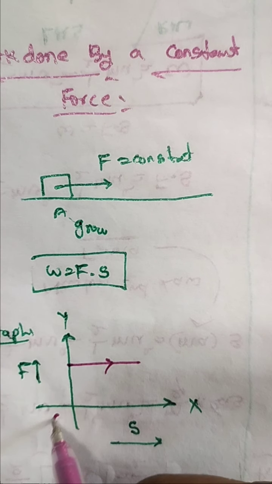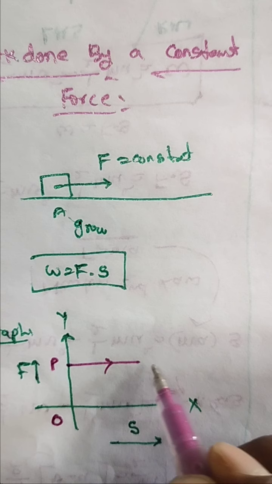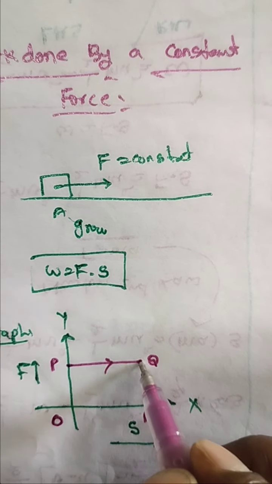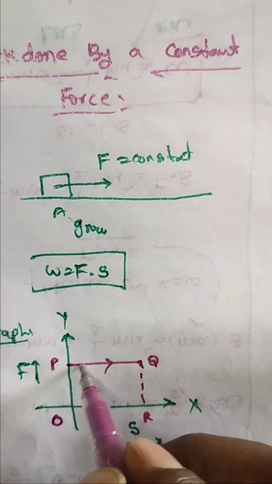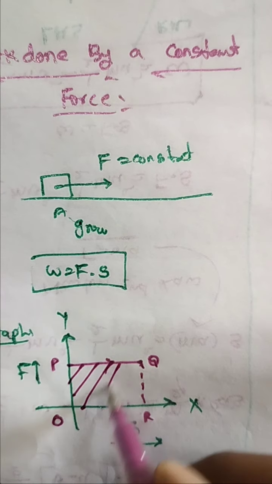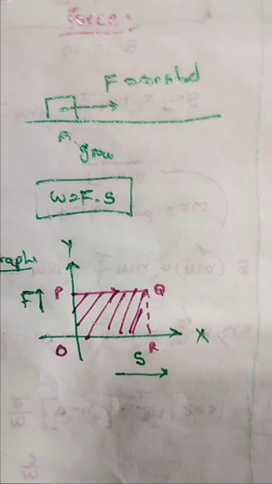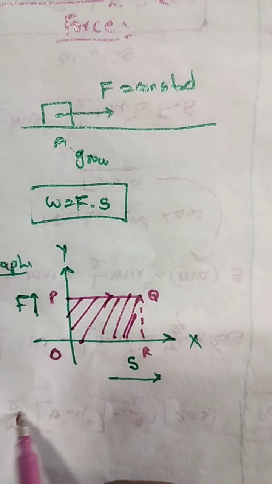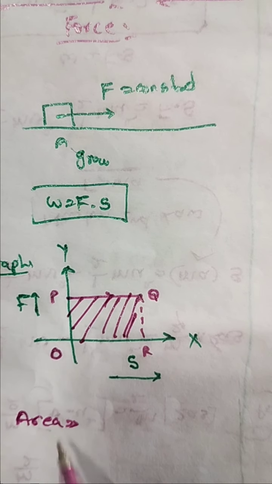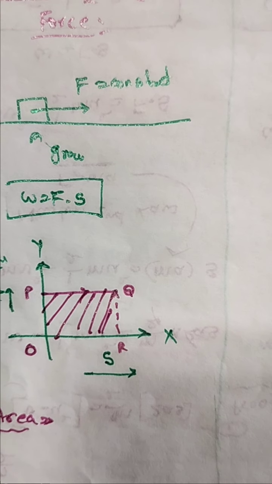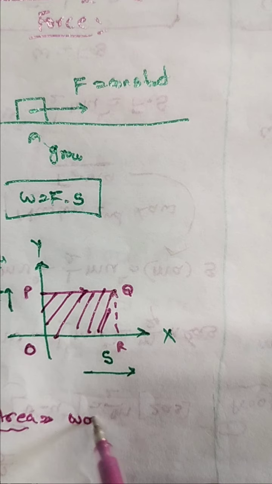I am taking this point as O and P, this point is Q and this point is R. So this is the area. The area enclosed by the graph on the displacement axis gives the work done.